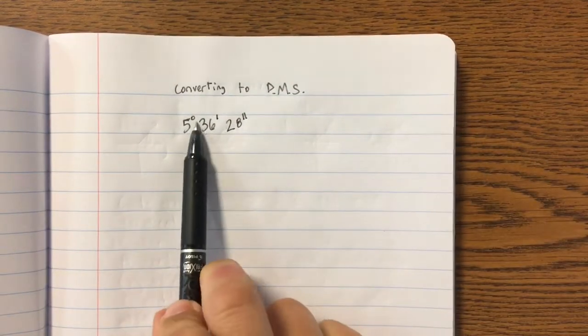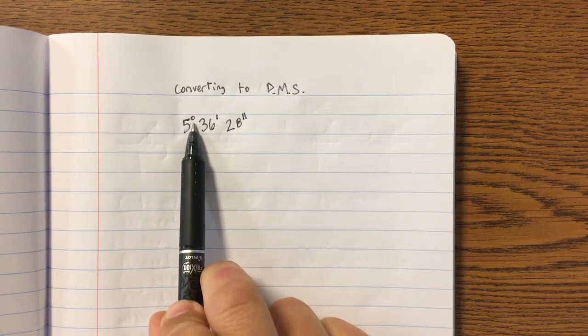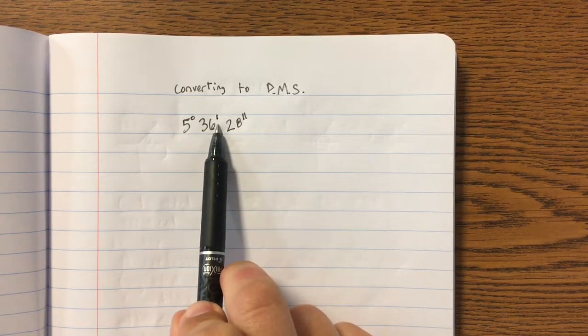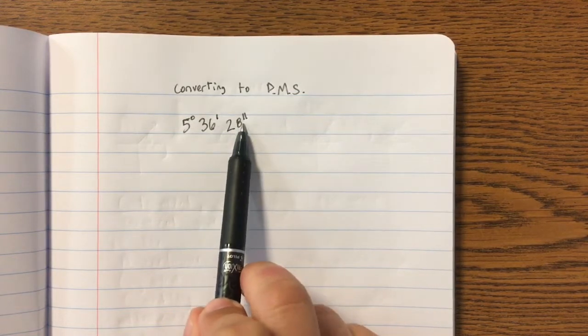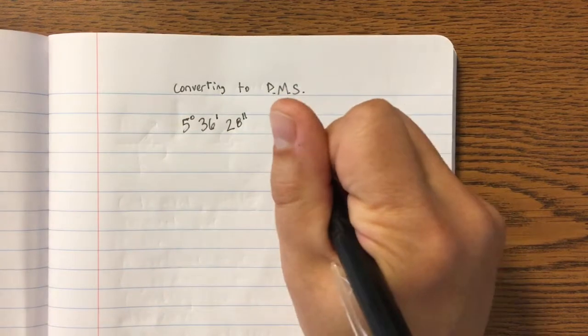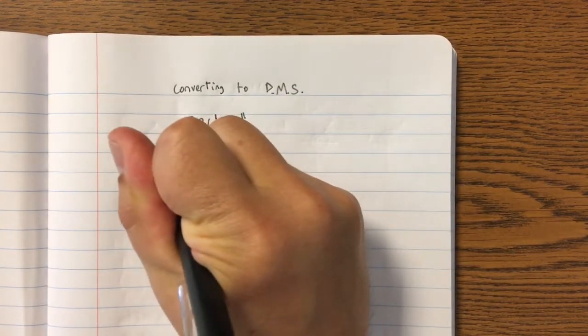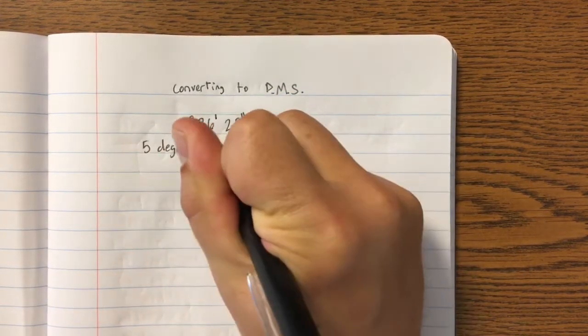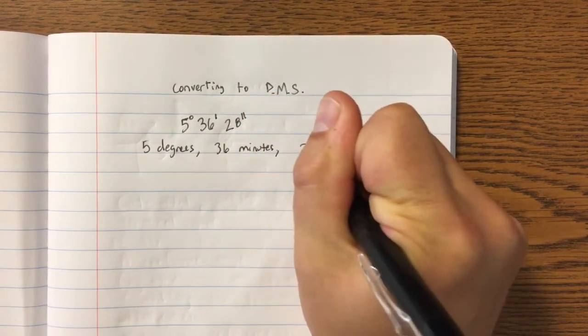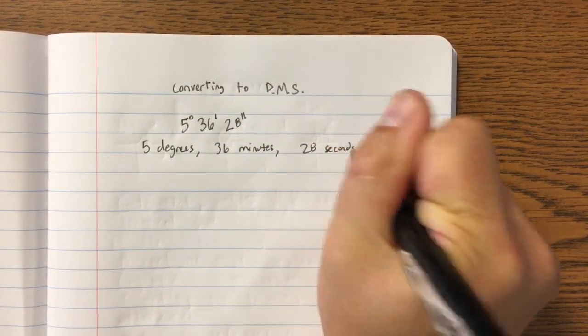So you see the little circle up there that indicates a degree. You see one little apostrophe there, that's minutes, and then 2 apostrophes is seconds. So this is 5 degrees, 36 minutes, 28 seconds.